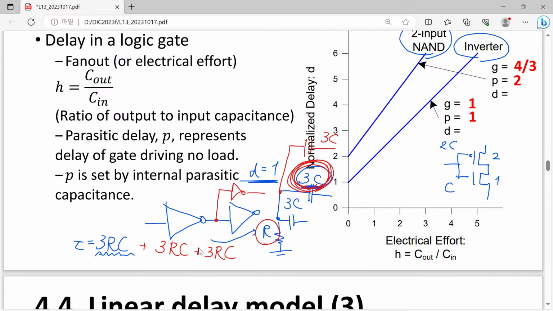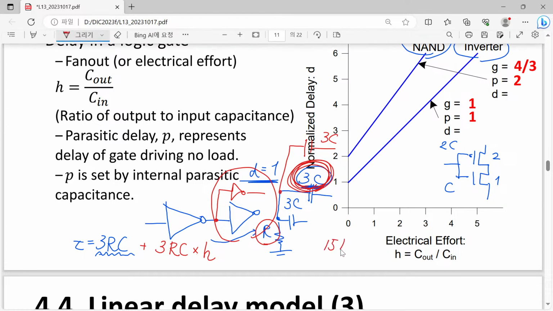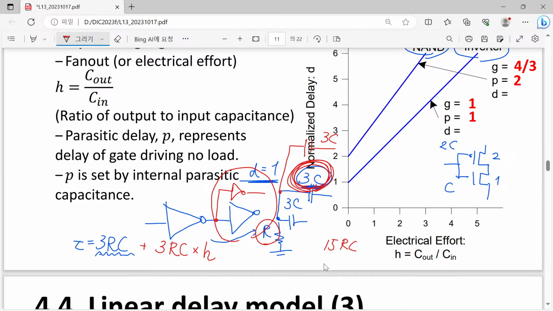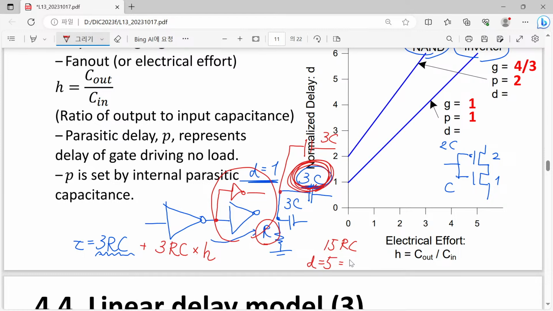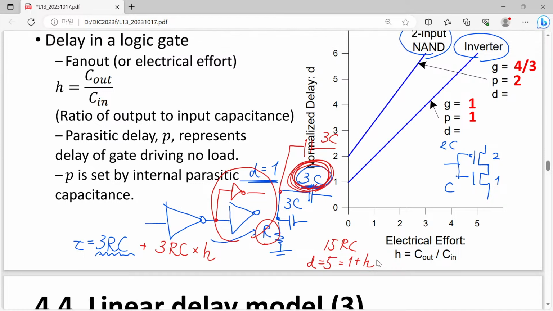Simply speaking, if we have H times load gates, then that will be just H. Say that if we have 4 identical load gates, then what will happen? Our overall time constant will be 15 RC, and in its normalized form D, we will call it just 5. Okay? This 5 can be considered as 1 plus H, when H equals 4. So are you all with me?